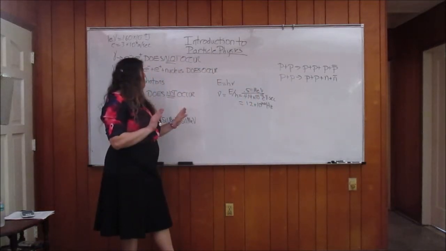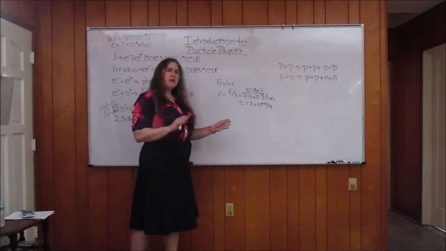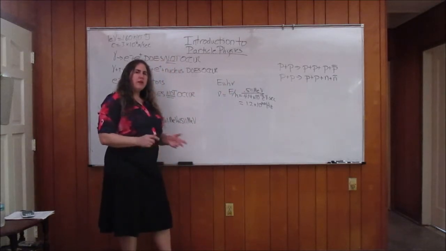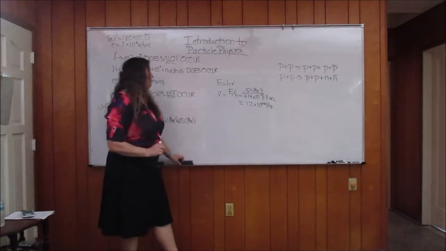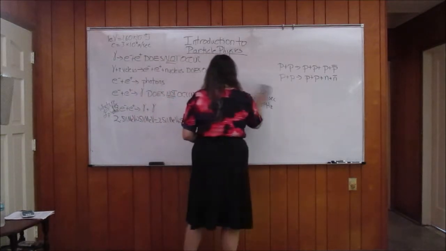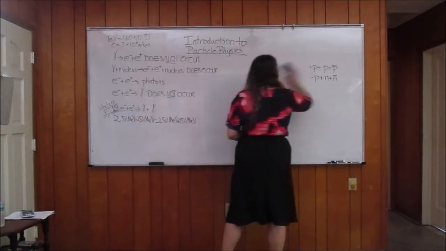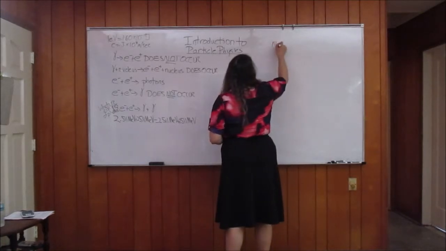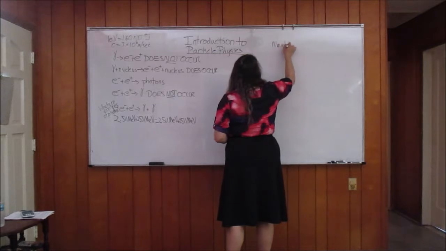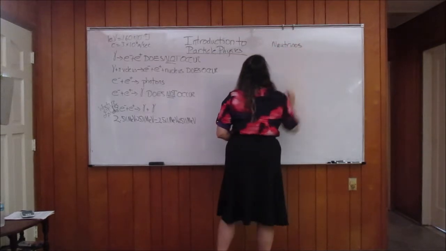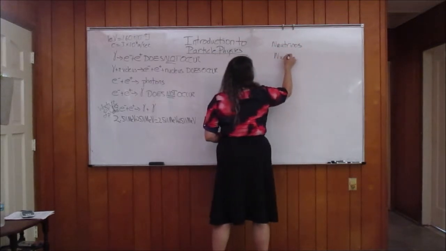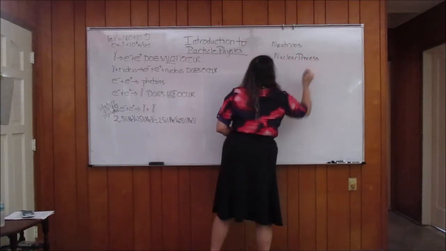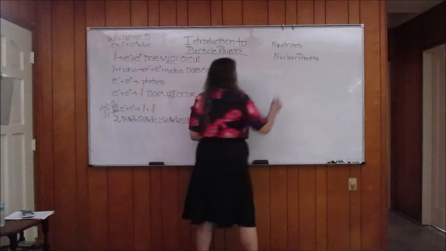So that is the positron and also antiparticles. Let's next move on to neutrinos. This is a nuclear process called beta decay.